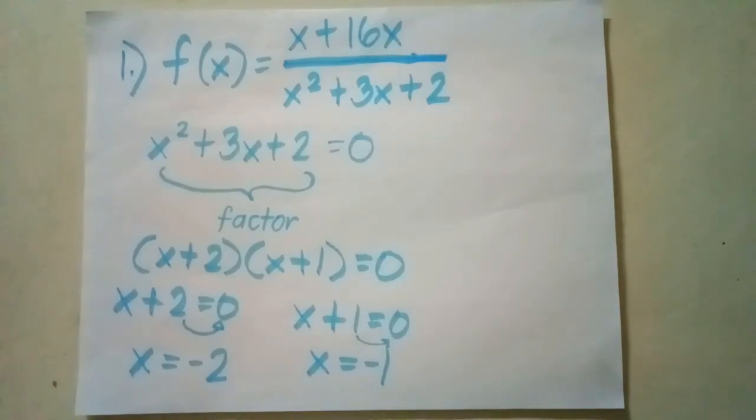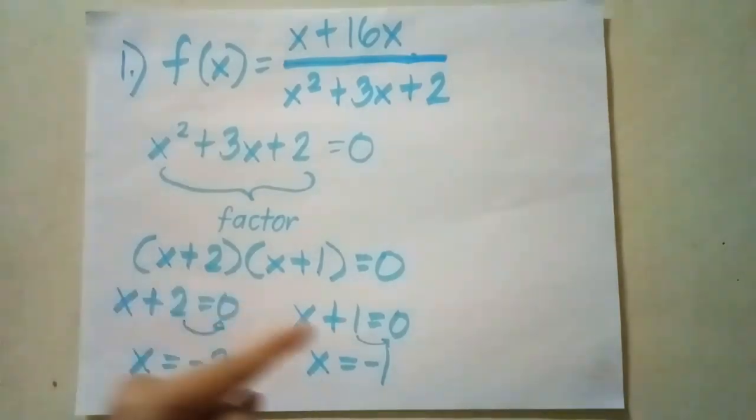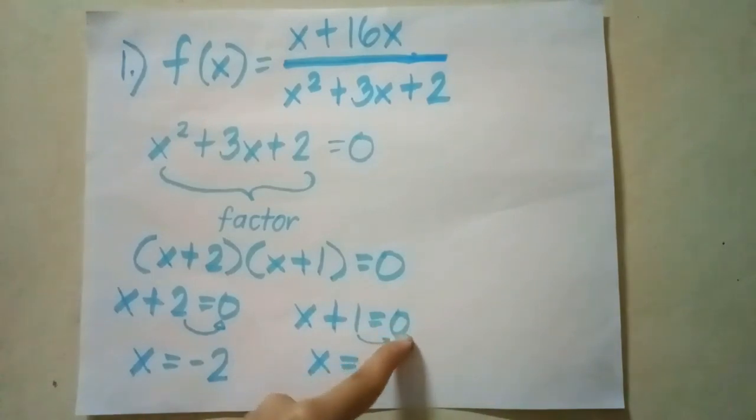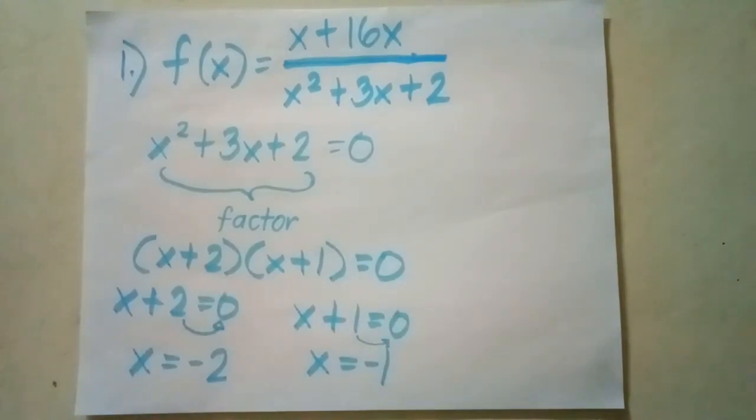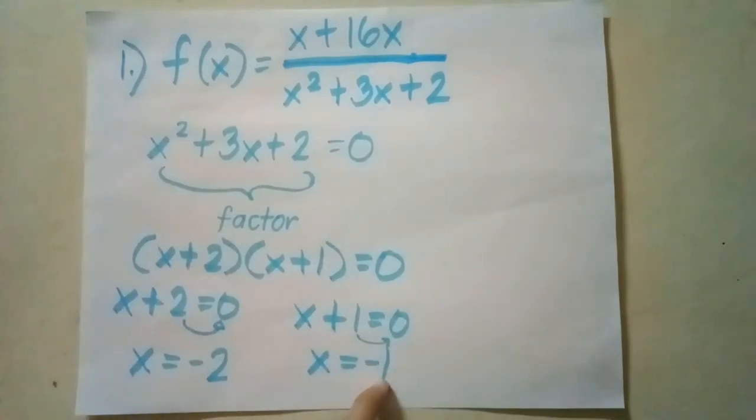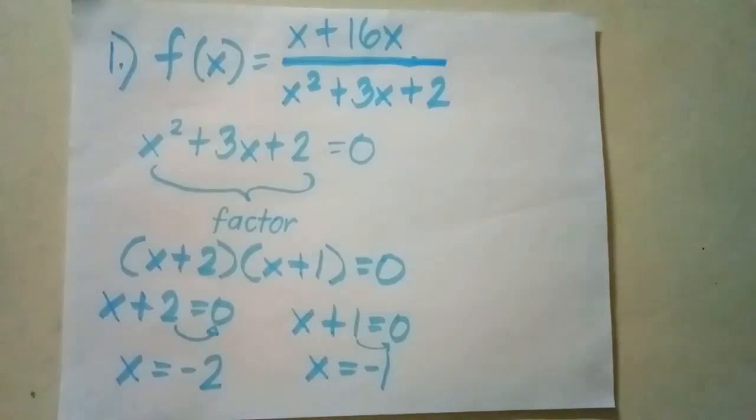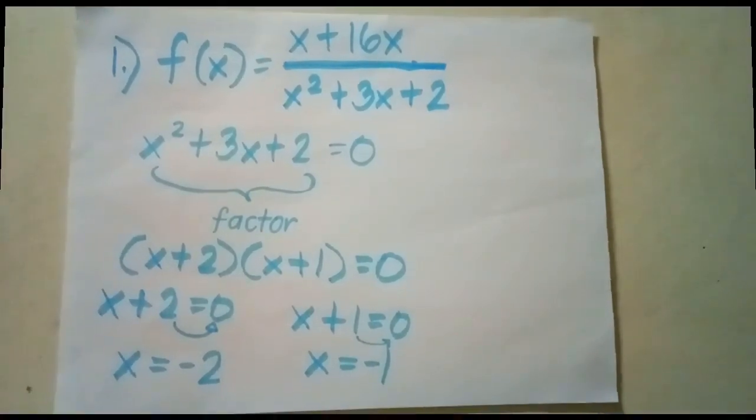Same thing for the other factor, you need to transpose 1 to the right side. So, x is equal to negative 1. After the vertical asymptotes, let's move to horizontal asymptotes. If the degree of the numerator is less than the denominator, the horizontal asymptote is always 0, or the x-axis.